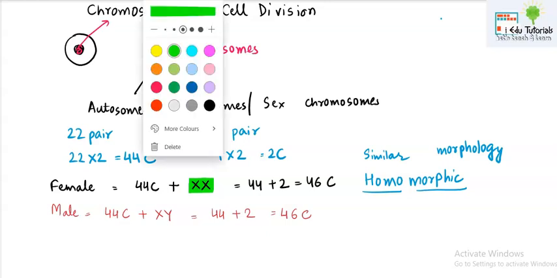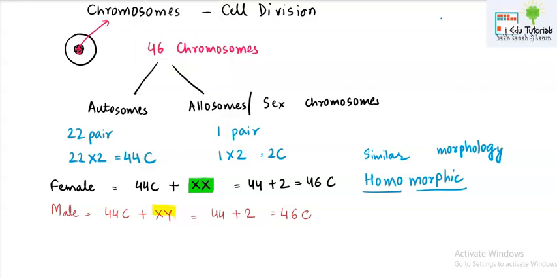Whereas if you talk about the human male, you can see that the sex chromosomes are different, meaning the sex chromosomes are heteromorphic. Hetero means dissimilar and morphic again means morphology. So human males are heteromorphic for the sex chromosomes, whereas human females are homomorphic.